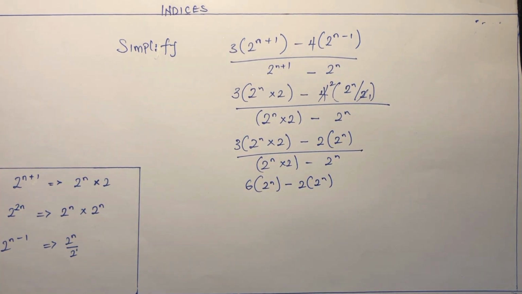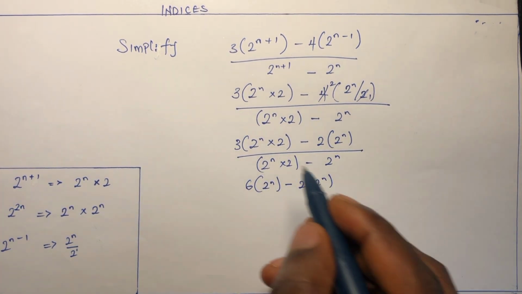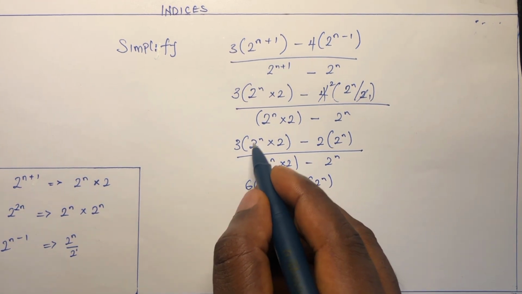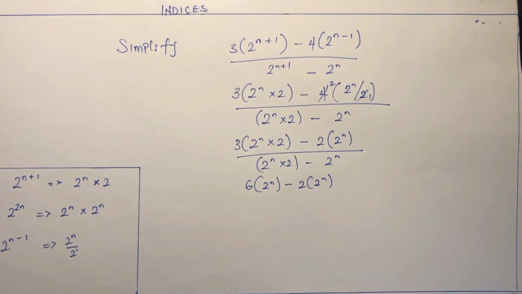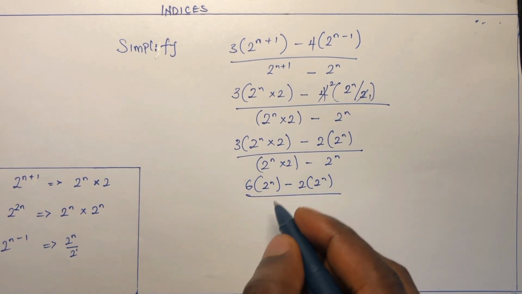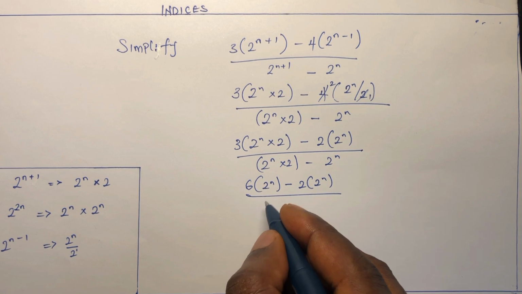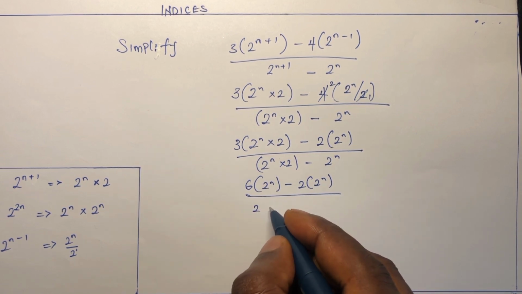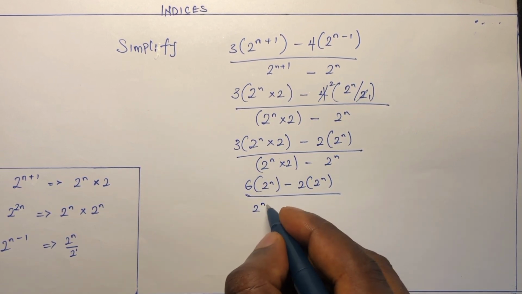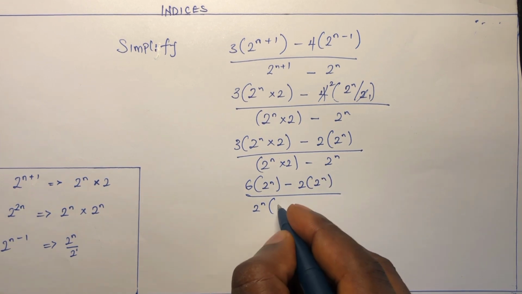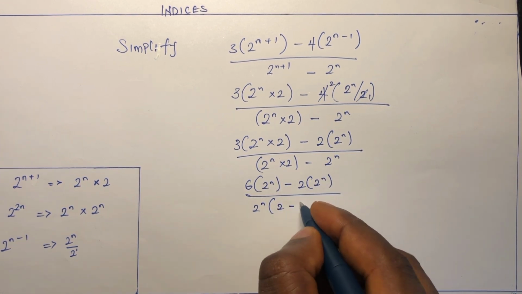This is because we noticed that we have a common factor, 2 to the power n and 2 to the power n, right? So we're going to multiply in a way that we'll be able to factorize this common factor at the end. So divided by, and we also notice the same factor right here. So we have 2 to the power of n bracket 2 minus 1.